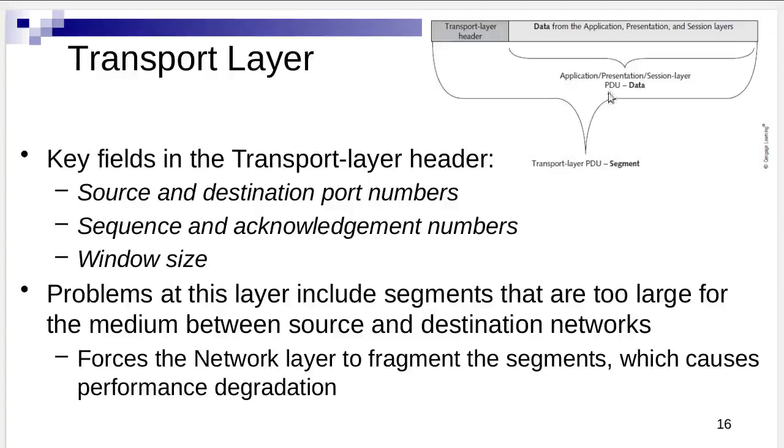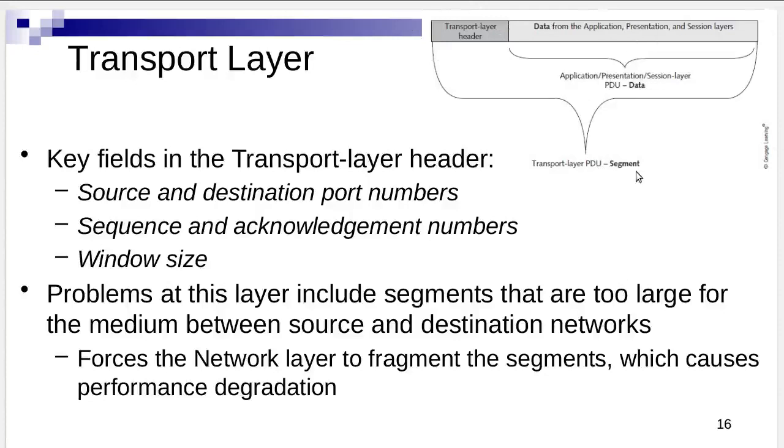Okay, so in the transport layer, once again, you have the session layer protocol data unit, which in this case we'll just call data, and then we put that into a segment with a transport layer header, let's say a TCP header or UDP header, and this whole thing is called the transport layer protocol data unit, which we call segment.